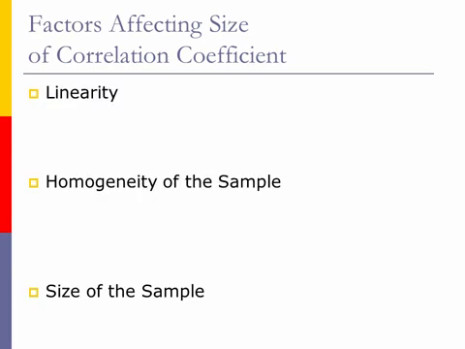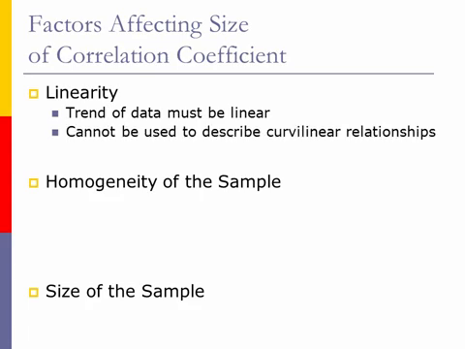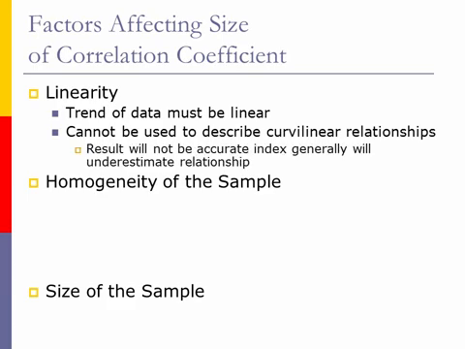What affects the size of our correlation? Obviously, linearity. Correlation only looks at linear data and not curvilinear relationships. We can, but the problem is that the resulting analysis will not be able to tell us whether that is a true curvilinear relationship.